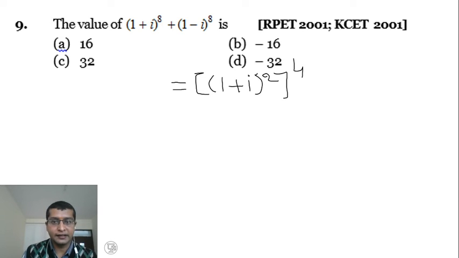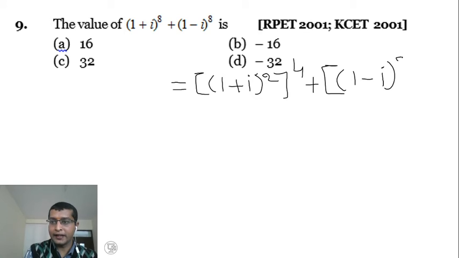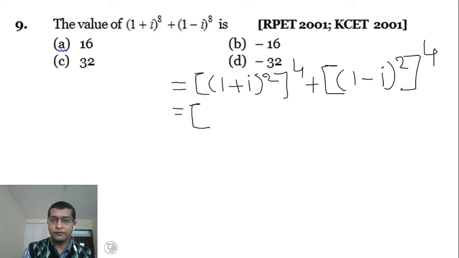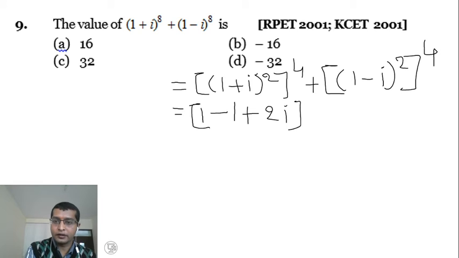And another expression we can write as (1 minus i) square raised to 4. In the next step we will expand this (a plus b) whole square: a square, and b square is i square, which is minus 1, plus 2ab, that is 2i, raised to 4.